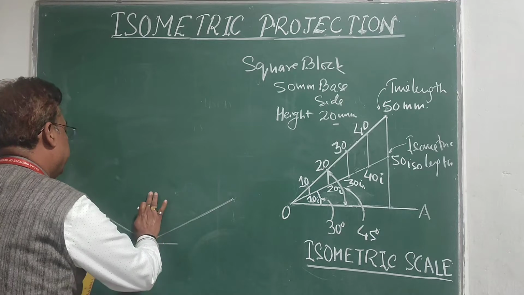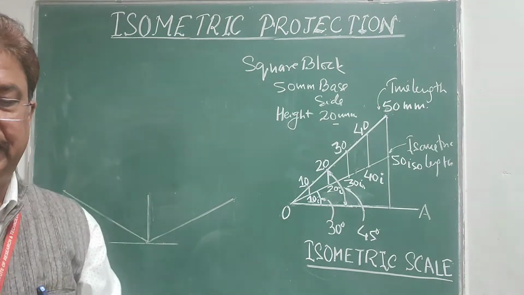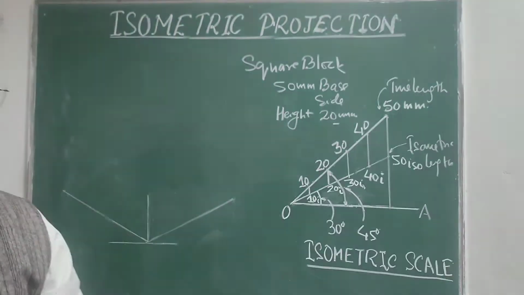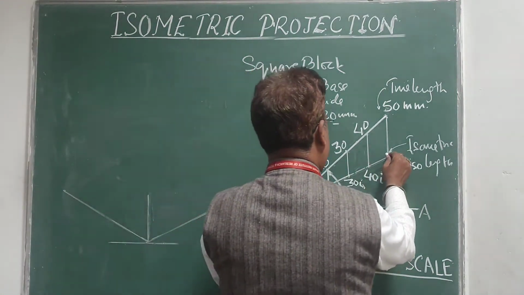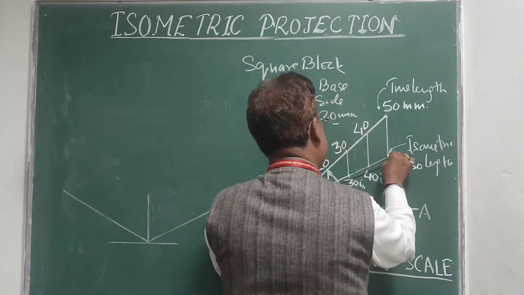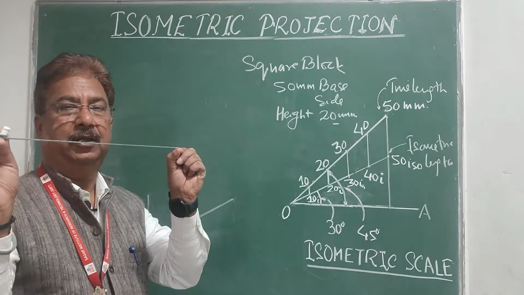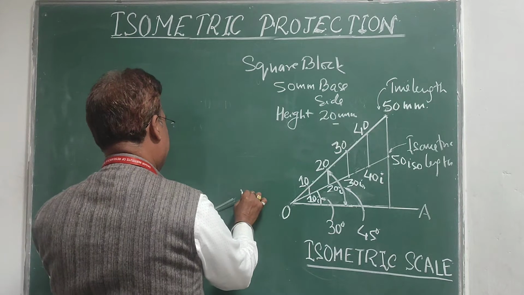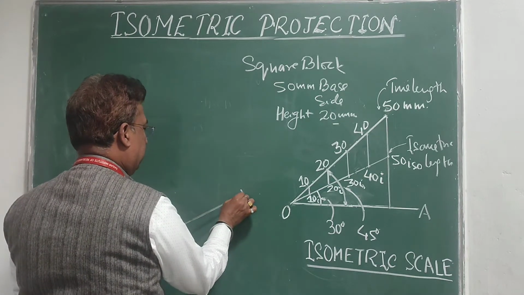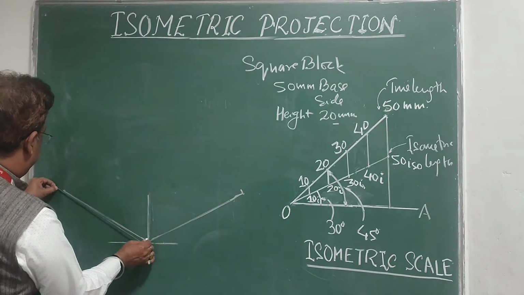So these are actually my three isometric axes. Now I want to put the lengths on these axes. Initially the side of the block will be 50 mm, so I am going to pick 50 from this 30° line. Now this 50 will be ISO 50. I mark that in the same way on the opposite side.